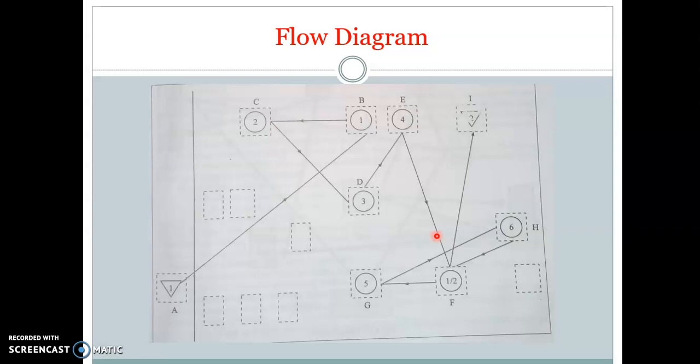There are various steps to draw a flow diagram. The first step is to draw a plan to scale of the working area.